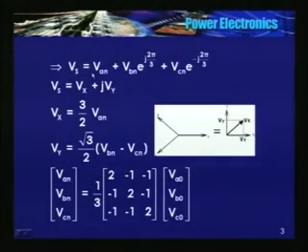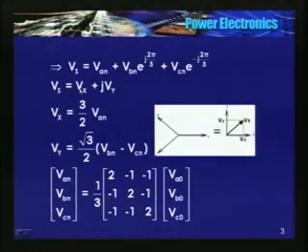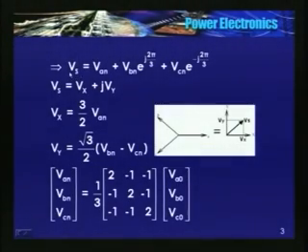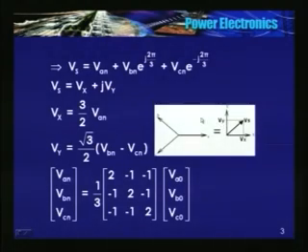I told you that these 3 phase vectors can be represented by a space vector Vs, and this space vector can be represented in a 2-dimensional plane, the xy plane, wherein Vx is the sum of all the x-axis components of these 3 vectors, and Vy is the sum of all the y-axis components of these 3 vectors.